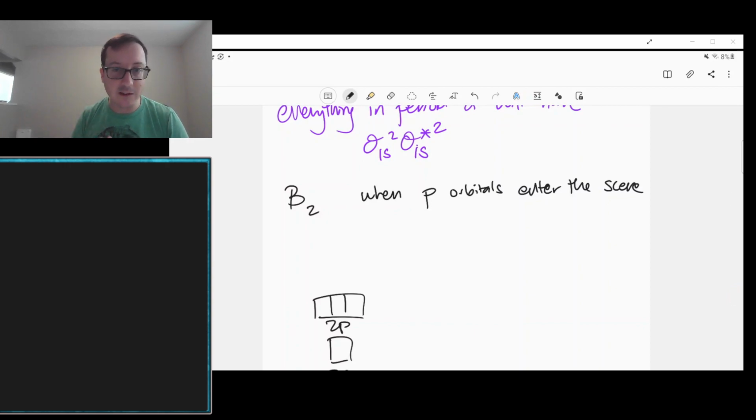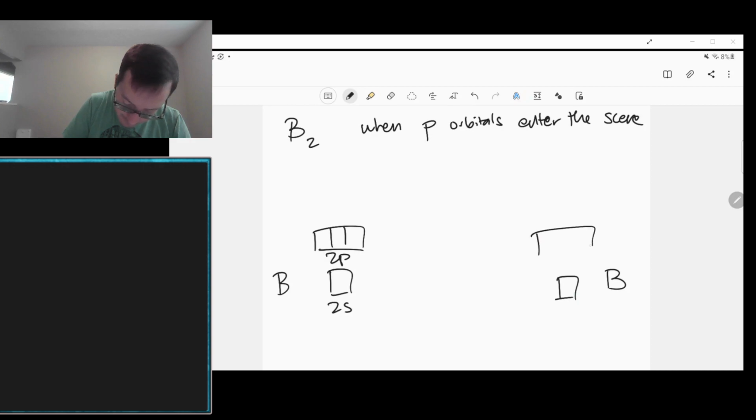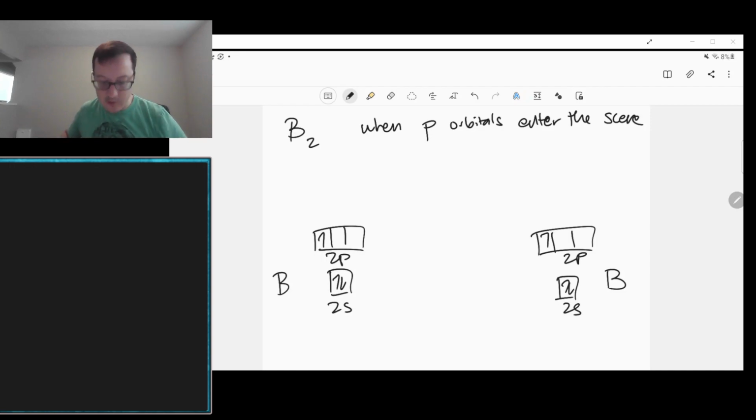Everything's going to be the same, so we can just ignore it. They just cancel each other out anyway, so we're not going to worry about that. Boron has 3 electrons in 2s and 2p altogether.